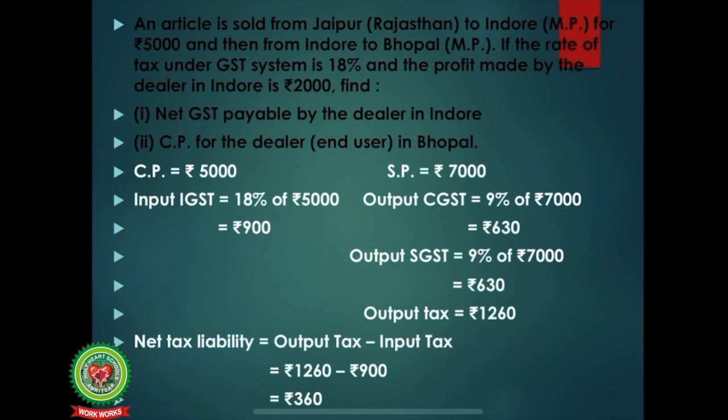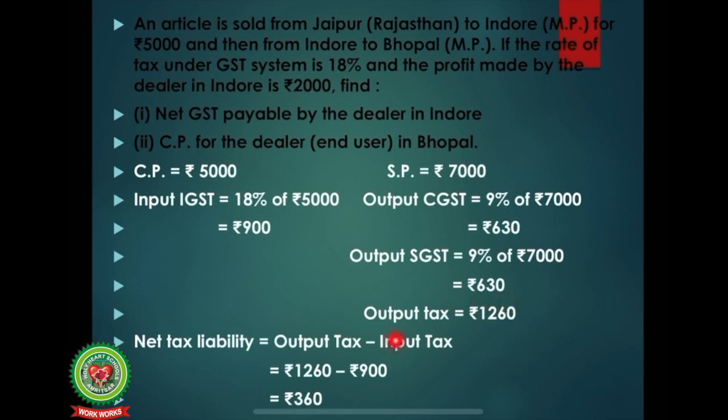And he has sold it in the same state, so it will be a case of intrastate transaction. So in that case, we are going to calculate CGST and SGST. So output CGST will be equal to 9% of rupees 7,000, which is equal to rupees 630, and output SGST will also be 9% of rupees 7,000, which is 630.